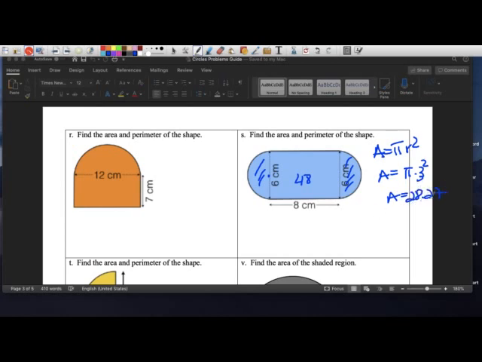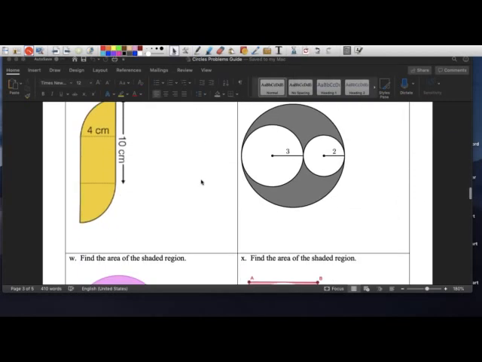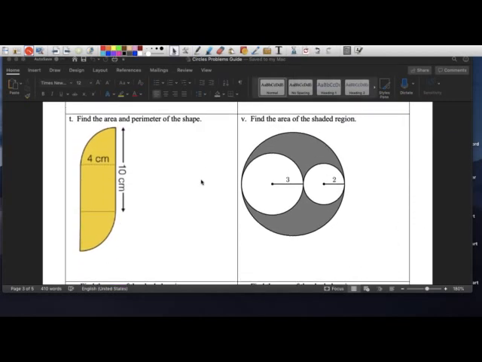So if I add the 28.27 to the 48 of the rectangle, I'm going to get 76.27 centimeters squared. So it's the combined area of the rectangle plus the area of the circle. All right. Those are just annoying to do. That's all there is. This one, the first time I did it early in the morning, I messed up. Well, I learned my lesson.